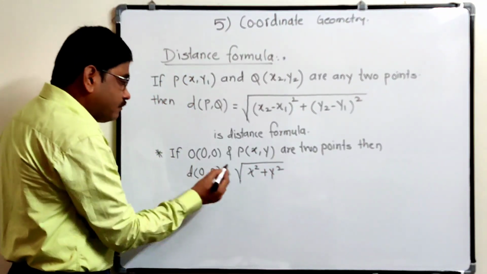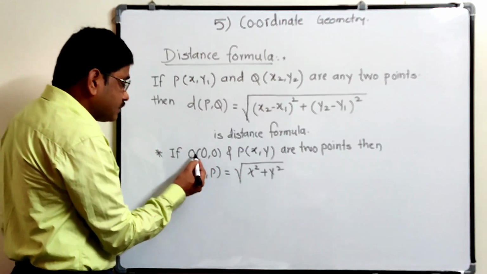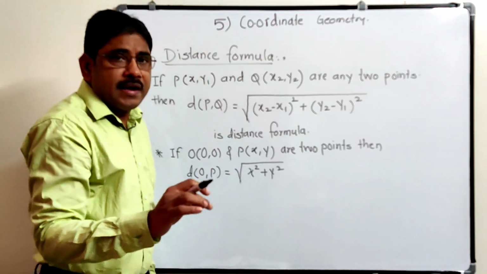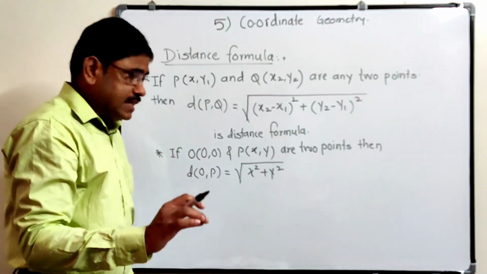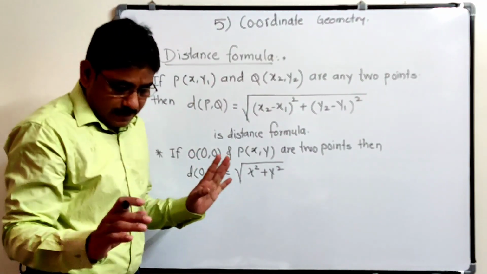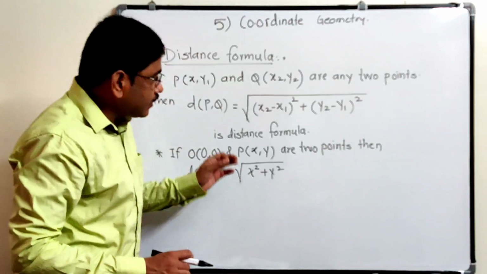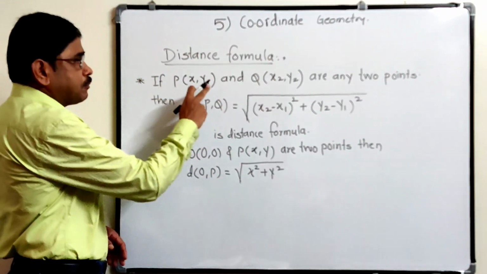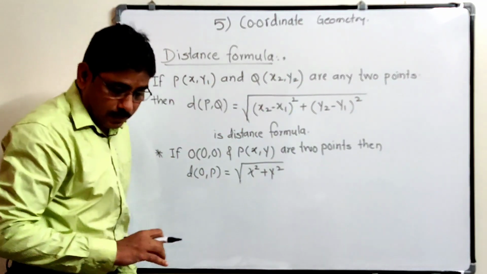So we can use this formula if one point is origin, that is, the distance of any point from origin. Second thing, if P x1 y1 and Q x2 y2 are given, then use the earlier formula.